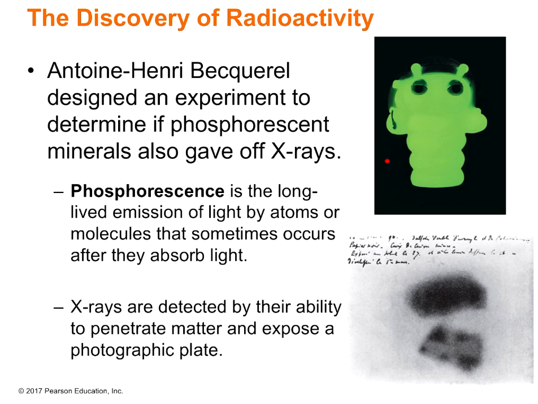Now, a French scientist, Antoine-Henri Becquerel, designed an experiment to determine if phosphorescent minerals also gave off X-rays. Phosphorescence in particular is the long-lived emission of light by atoms or molecules that sometimes occurs after they absorb light.